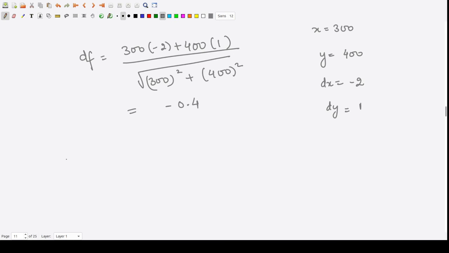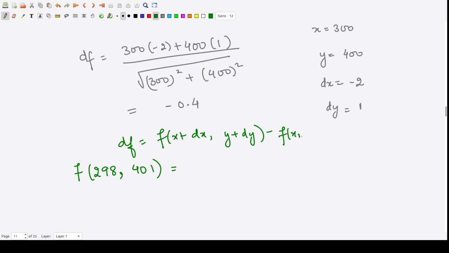Therefore the value of the function f of 298 and 401: you know that df is equal to f of x plus dx, y plus dy minus f of x comma y. According to this, we want this quantity, so you will have this as df plus f of x comma y.